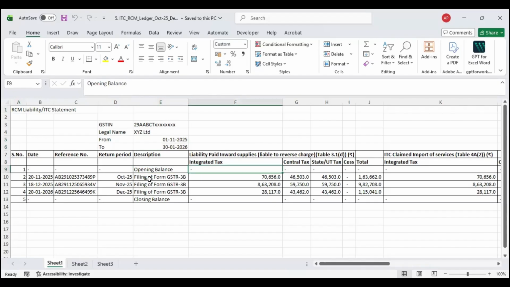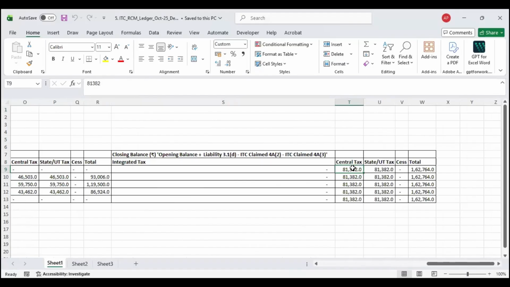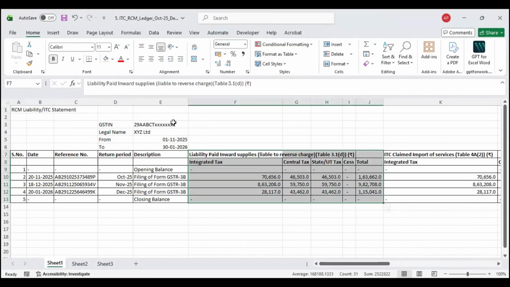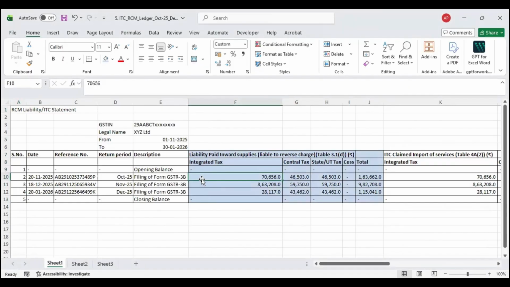As on October, I have an opening balance of say 81,000, 81,000 CGST, SGST. During the month of October, how much I have paid: say I have paid 70,000 IGST, 46,000, 46,000 CGST, SGST.